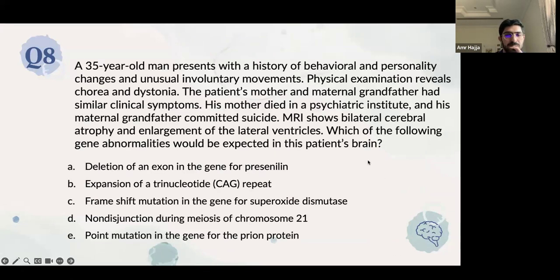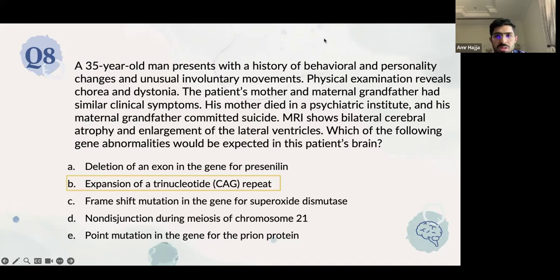B. Okay. Mashallah, are the questions that easy, or are you guys so good? I think neuropatho is nice. It's simple, it's straightforward. Exactly, it's B. So it's expansion of trinucleotide repeat.